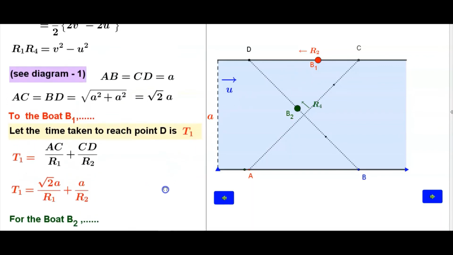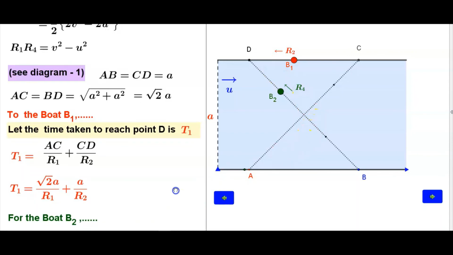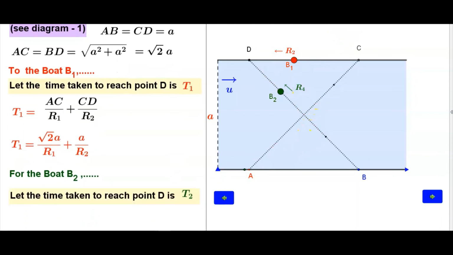Now consider the board B2, green color board. From A to B, it moves with velocity R3, then B to D, it moves with velocity R4. The time taken to reach point D is T2. For the board B2, total time is T2.